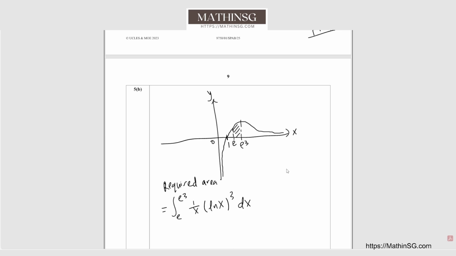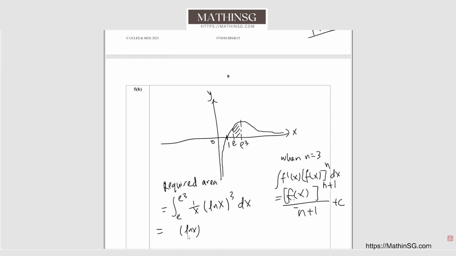If you look at that, you're basically integrating f'(x) times (f(x))^n, where n here is equal to 3. To do such an integration, it will be (f(x))^(n+1) over (n+1), plus c. So it will be (ln x)^4 over 4.